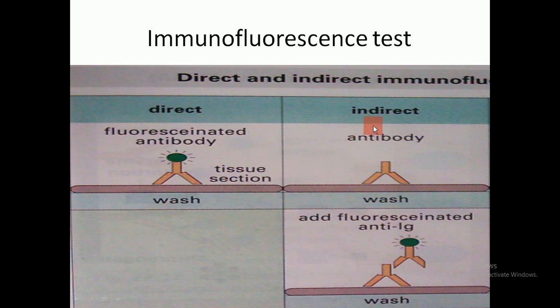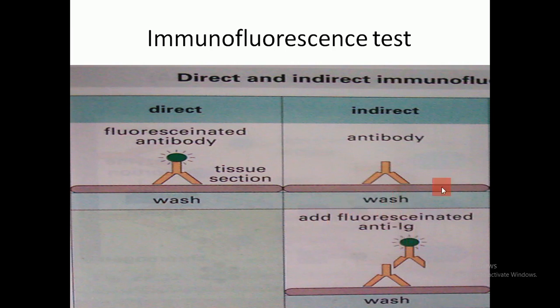While the second type of the immunofluorescence is the indirect type, and we use the biopsy from an animal, usually a rat or mouse, and we take biopsy from the liver, from the stomach, from the esophagus, and then we add to it the patient serum that contains the antibodies, and then we add the conjugate, which is the antibody labeled with the fluorescent material.